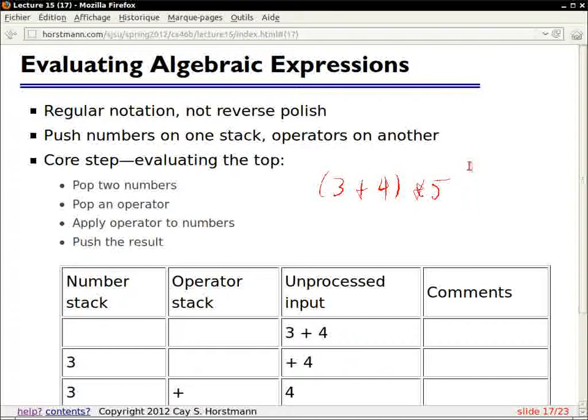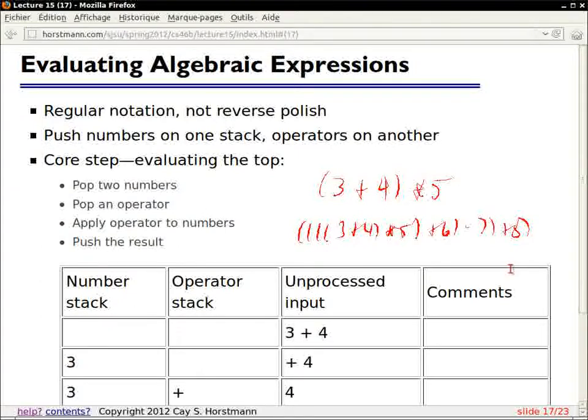And now you would have to figure out what is the value. And you imagine that thing could be arbitrarily complex, like 3 plus 4 times 5 plus 6 minus 7 plus 8.